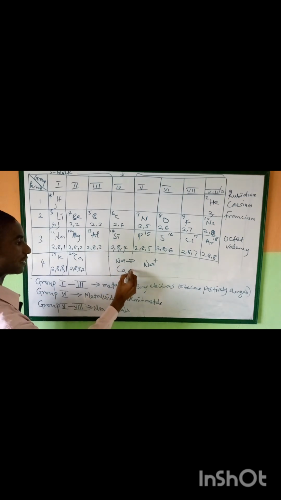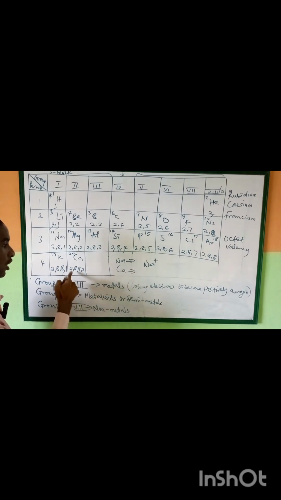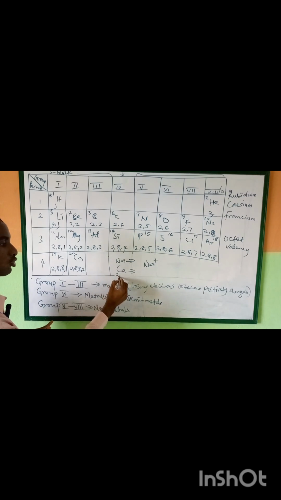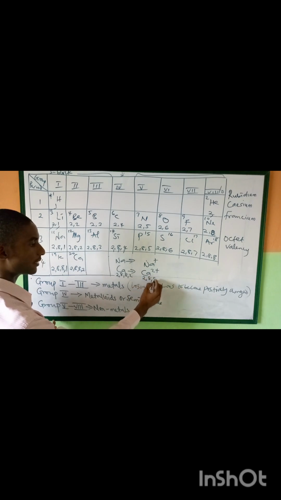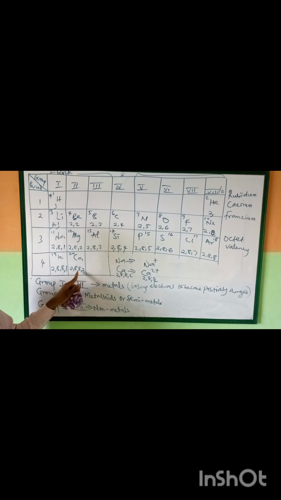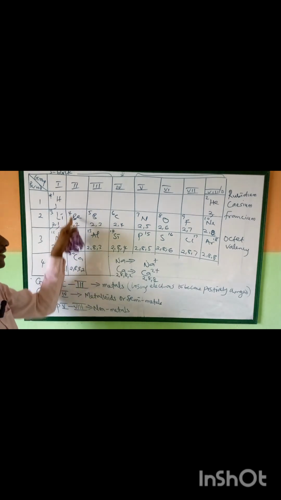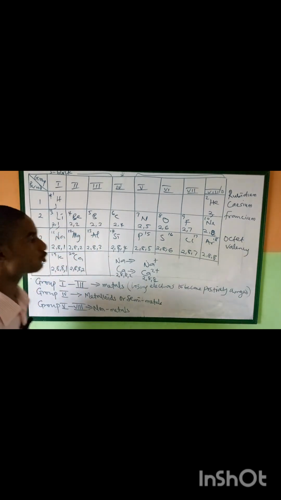But let's take calcium for example. At the neutral stage, calcium has configuration 2, 8, 8, 2. But by the time calcium gives away these 2, Ca2 plus, it will now be 2, 8, 8. Can you see that it has now attained stability? So they take part in reaction by giving out 2 electrons.